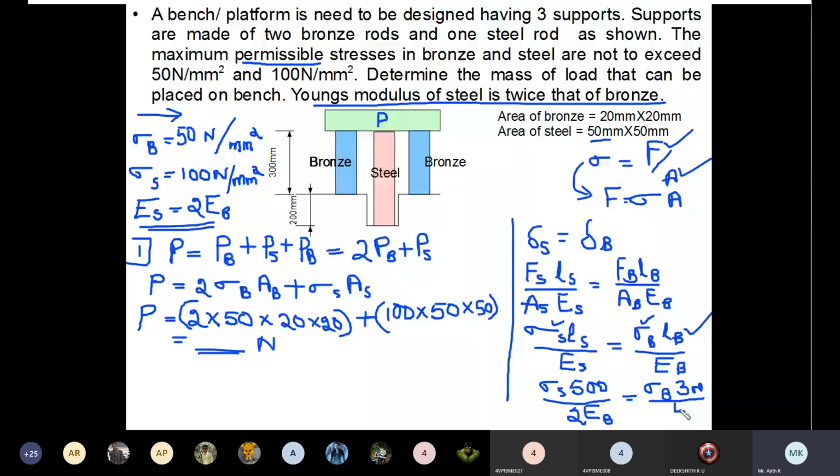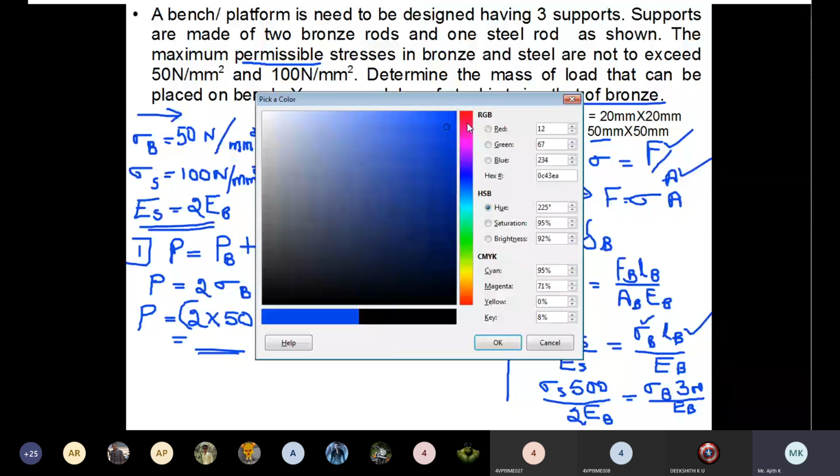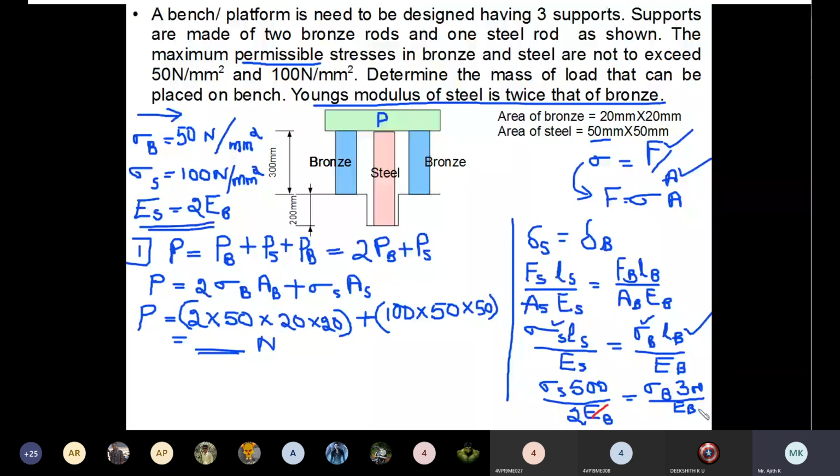Cancel common terms. EB is common. So when you simplify, you will get sigma S is equal to 1.2 times sigma B. Let it be equation number 1.